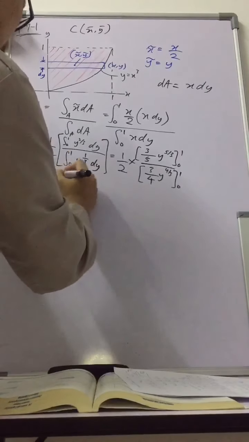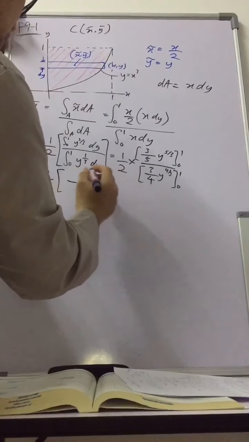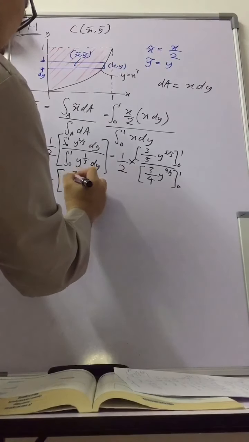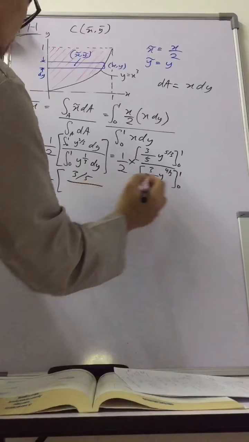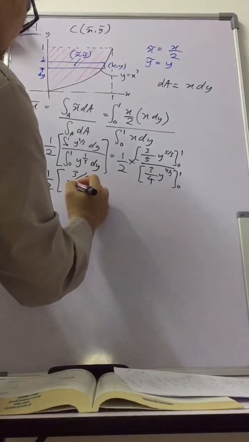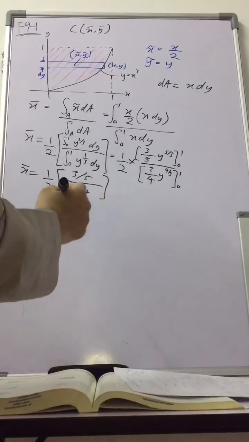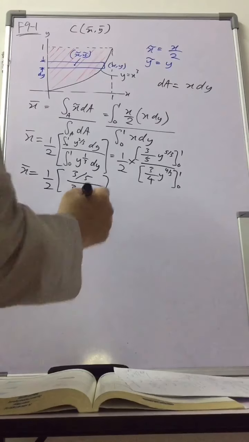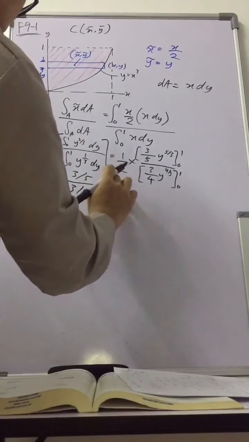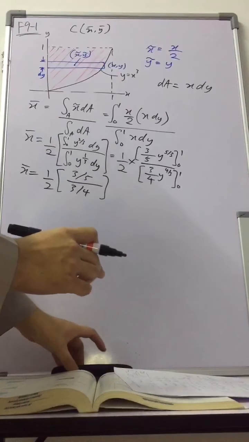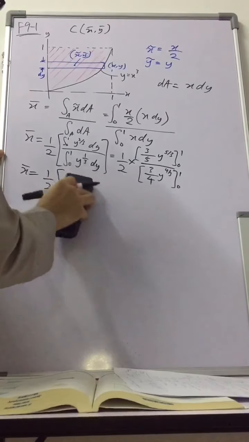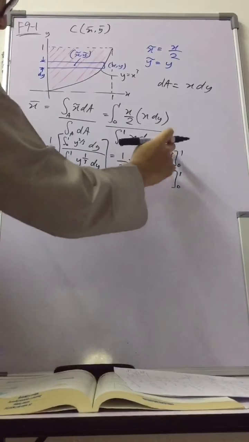So 1 over 2. Top one is 3 over 5. The bottom one is 3 over 4. So what happened here? 2 over 5 over 3 over 4. Even myself got confused, but that's fine because if you substitute 1 here, it will become 1.